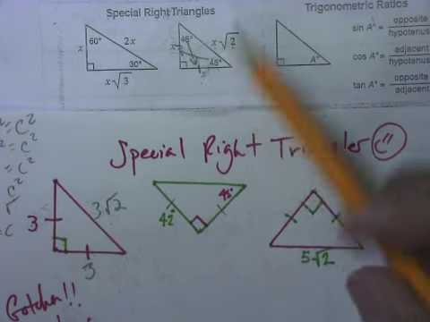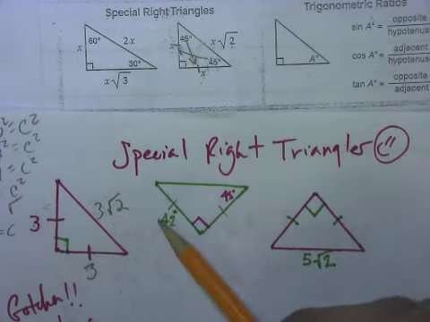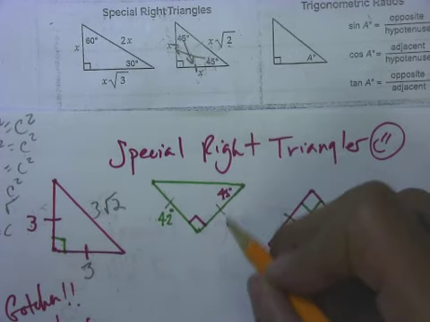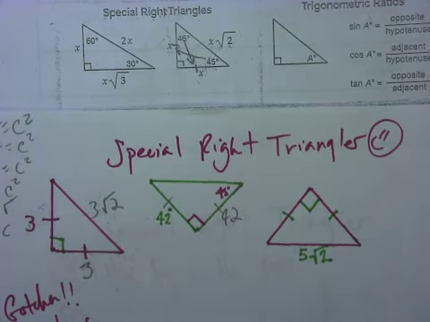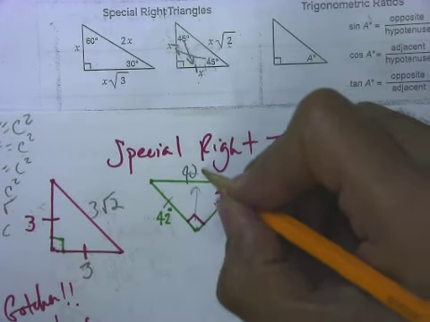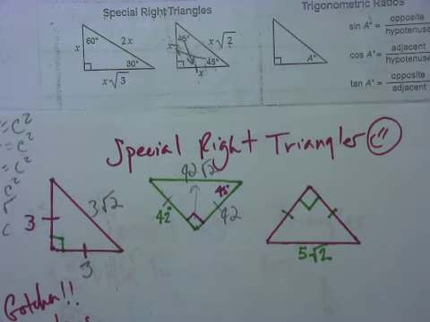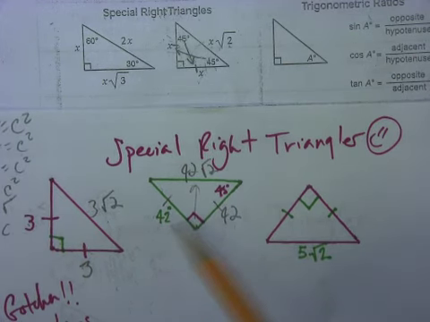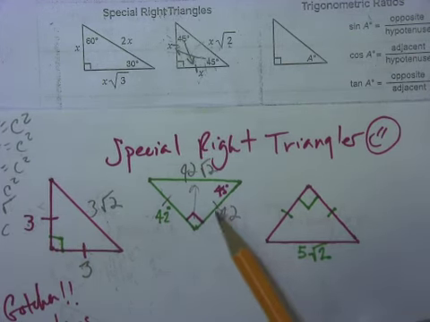Now that I have that information, I can figure out all of the other sides. The diagram shows me that both legs are congruent, because we have congruency dashes here, so this is also going to be 42. I don't have to waste any time using the Pythagorean theorem. I know that the hypotenuse is going to be 42 times the square root of 2.